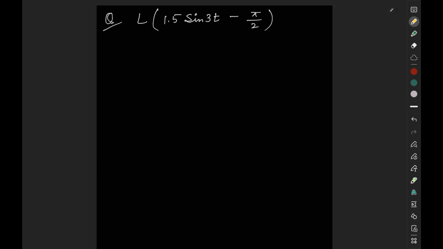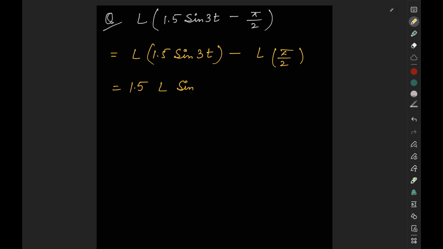Now we have to find the Laplace of 1.5 times sine 3t minus pi by 2. So we can write this as Laplace of 1.5 sine 3t minus Laplace of pi by 2. This will become 1.5 times Laplace of sine 3t minus pi by 2 times Laplace of 1.